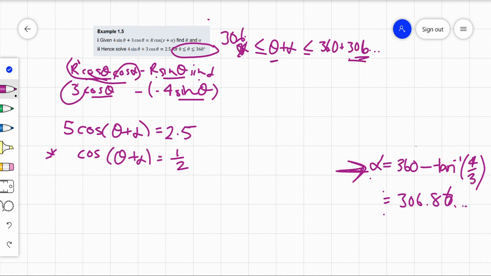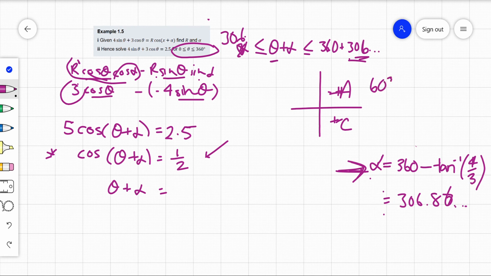So instead of thinking what quadrant I'm in, let's go back for a second. If I were to solve for theta plus alpha, looking at a half, this is positive, so I'm looking here and here, all stations to central, A and C. I would get 60 degrees in this one and 360 minus 60, so 300 in this quadrant.